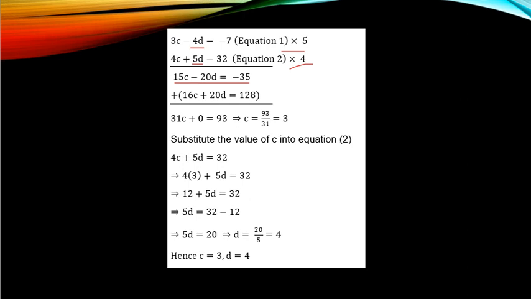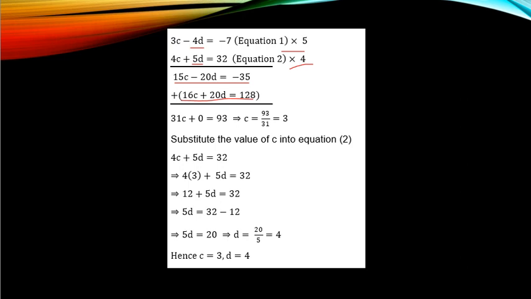If you multiply equation 2 by 4, you have 16c plus 20d equal to 128. You've done that, and the coefficient of d is now 20 in both. Then the signs are plus and minus, which are different, and that implies addition of both equations.